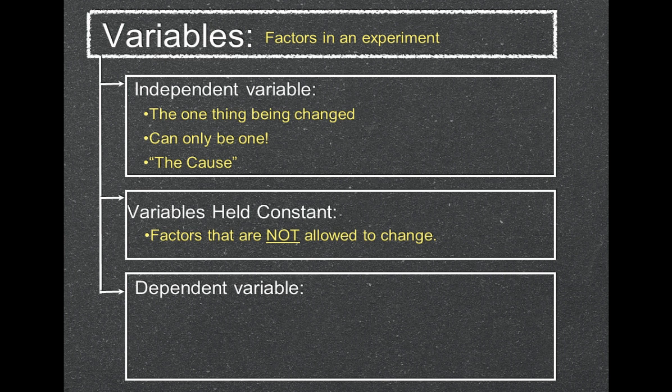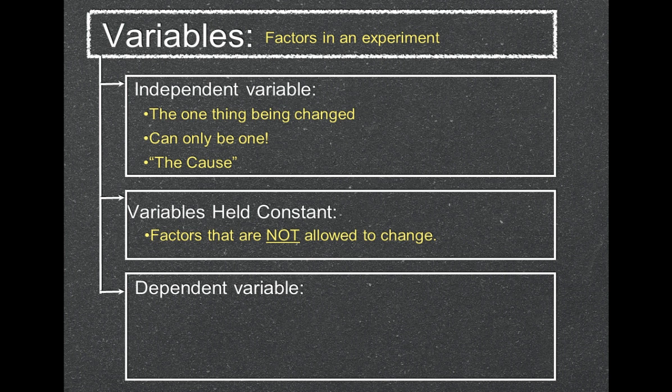What's one variable we would have held constant? The amount of water we gave them. What's another variable we would hold constant? The size of the cage. But what other? The age of the mouse. We can think of probably dozens. The species of mouse, male or female mice, and the temperature of the room, all those things. Those are all variables held constant.